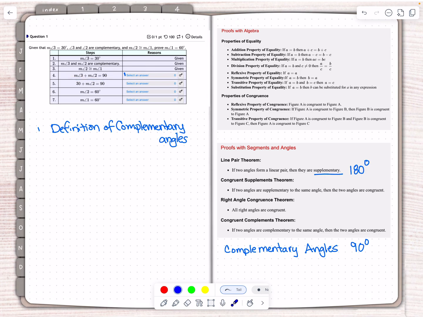The only thing that's changed are these two items. So we actually substituted the value of 30 that was given for the measure of angle 3. So that is called substitution.